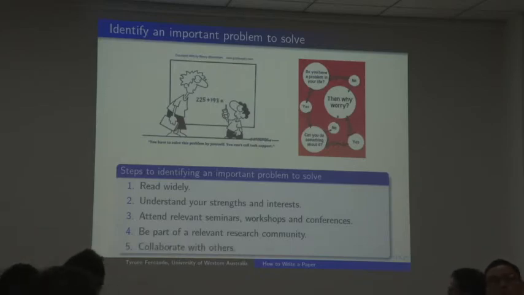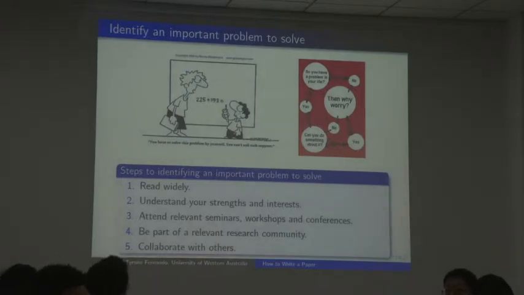The relevant research community need not be local, need not exist within this institution. It could be other institutions in China. It could be institutions overseas, like UWA. You know my details, you can communicate. It's also important to collaborate with others, because the others are also smart people.